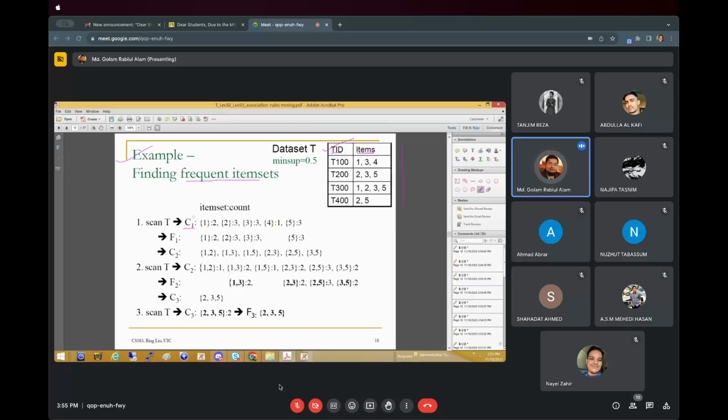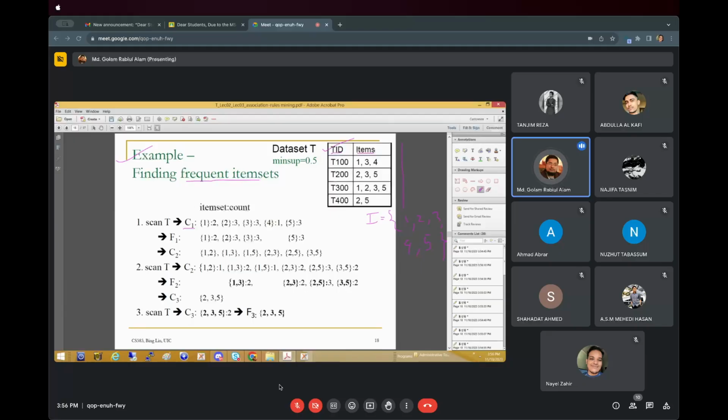Here we can see what the items are: 1, 2, 3, 4, and 5. So these are the 5 individual items.